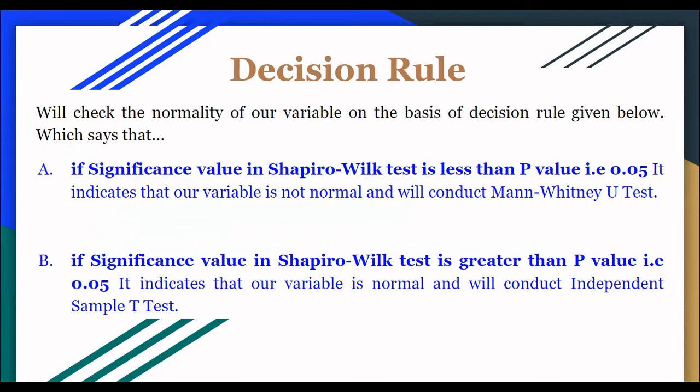On the basis of our decision rule, we'll check the normality of our variable, which says that if the significance value in the Shapiro-Wilk test is less than the p-value, that is 0.05, it indicates that our variable is not normal and we'll conduct the Mann-Whitney U-test, which is a non-parametric test. Otherwise, if the significance value in the Shapiro-Wilk test is greater than the p-value, that is 0.05, it indicates that our variable is normal and we'll conduct the independent sample t-test, which is a parametric test.